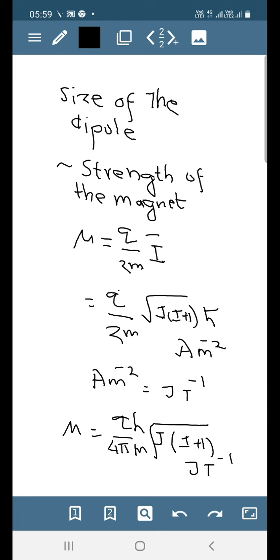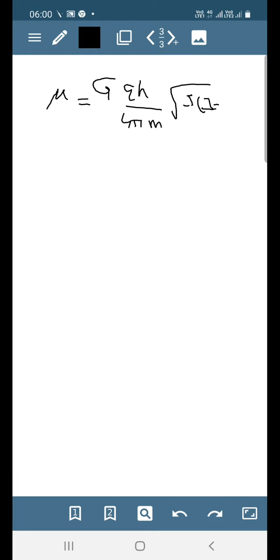Now, when we treat the electrons and protons as point charges, we can write mu is equal to G Q h by 4 pi m root I into I plus 1 joules per Tesla.